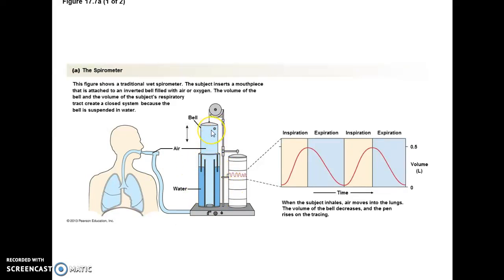Going up means inspiration because you're putting air into it, and going down means expiration. Every tick mark means a particular amount of volume, so it tells us how much volume of air is in our lungs.